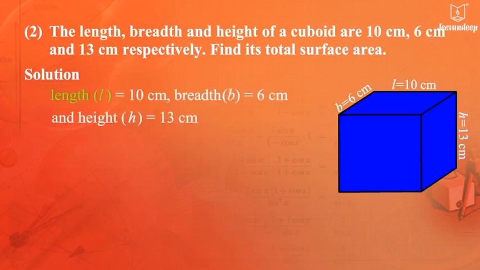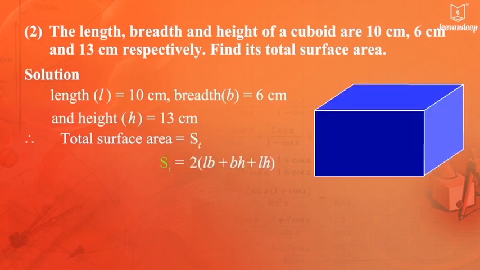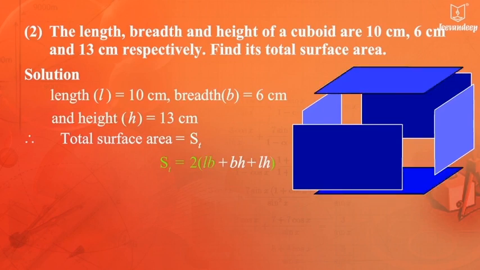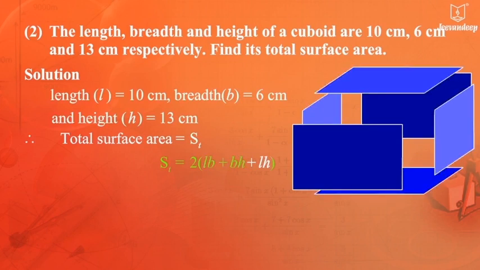Length L equals 10 centimeters, breadth B equals 6 centimeters and height H equals 13 centimeters as given.